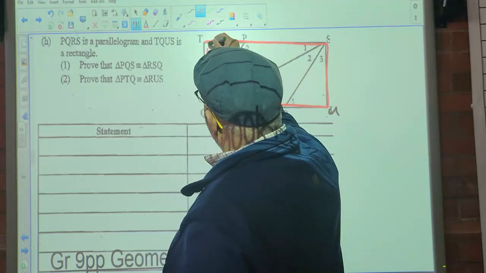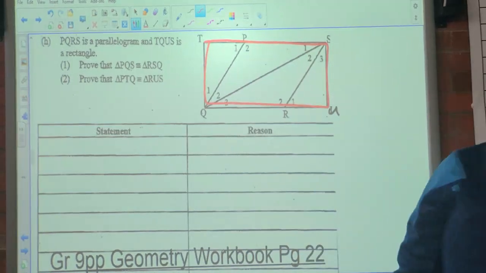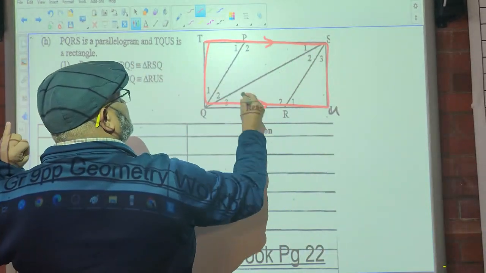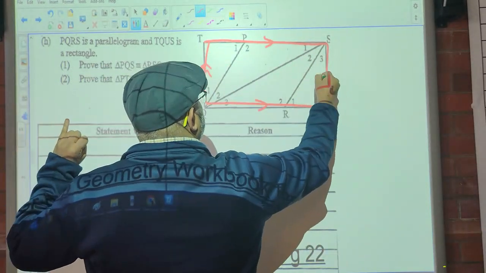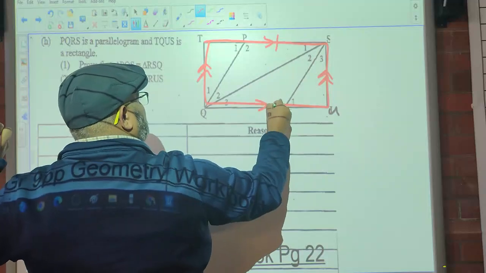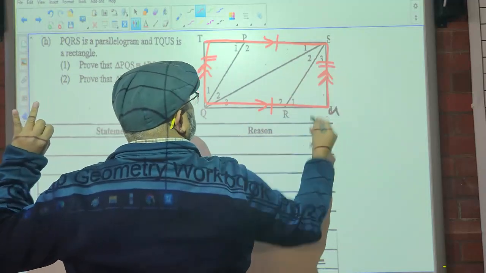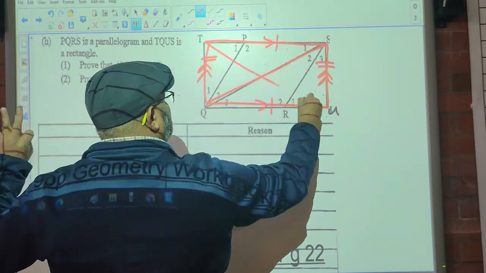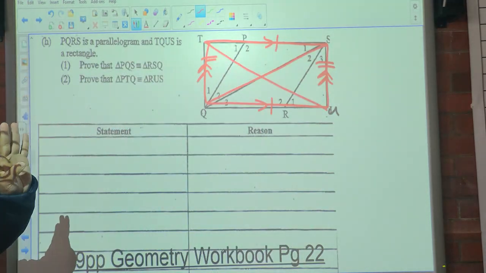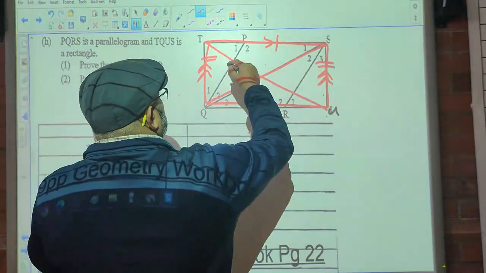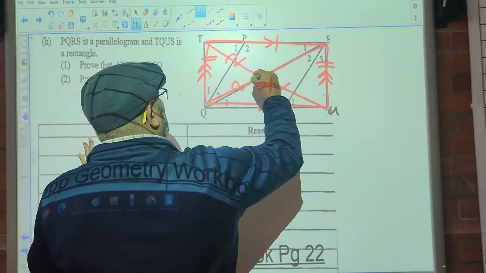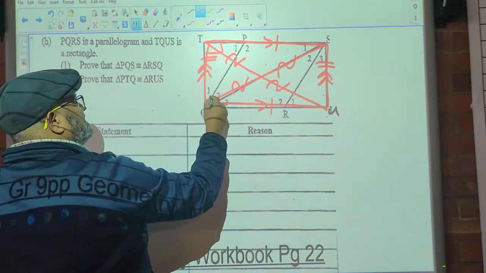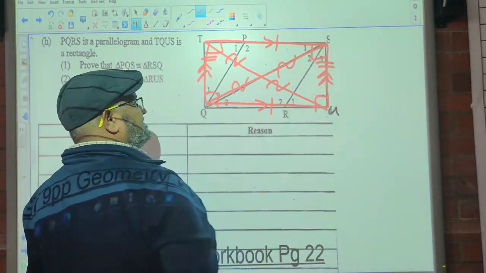rectangle. If this is a rectangle, there are 5 properties. What are the properties of a rectangle? Opposite sides are parallel, number 1. Opposite sides are equal, number 2. Diagonals are equal in length, number 3. Diagonals bisect each other, number 4. The 5th one is that all vertex angles are 90 degrees.